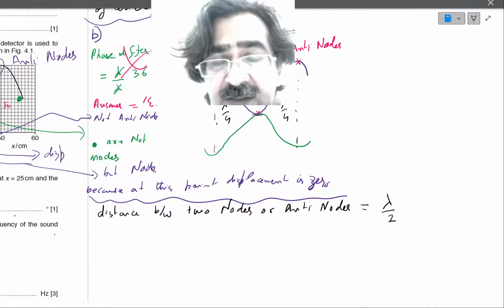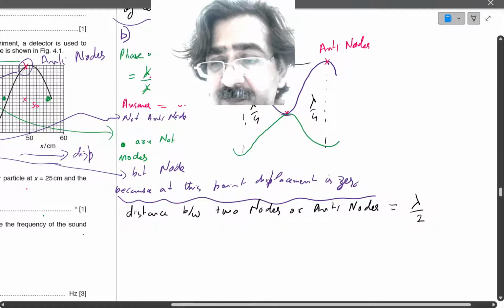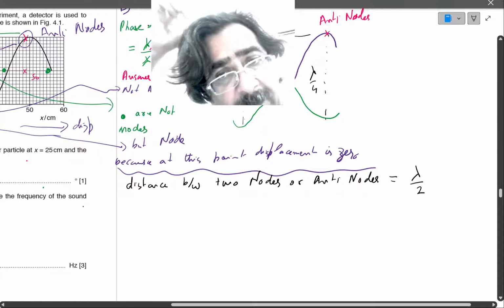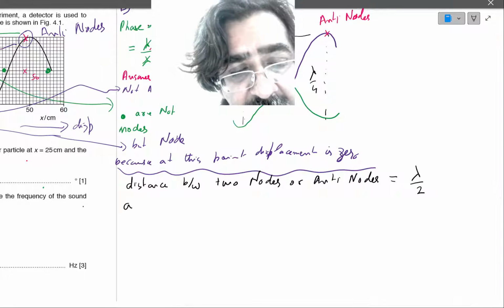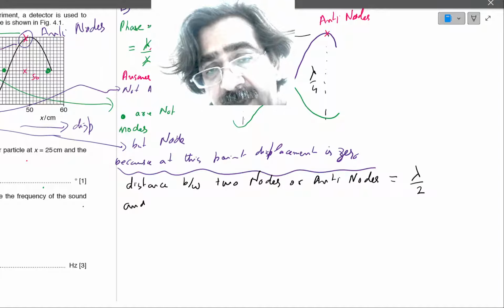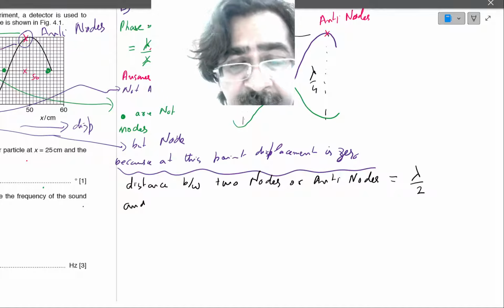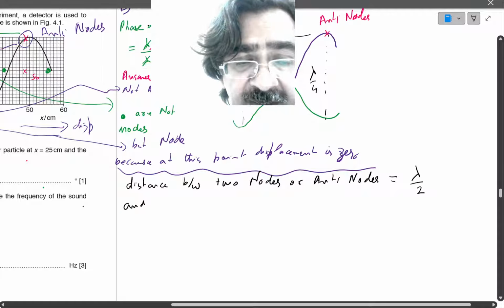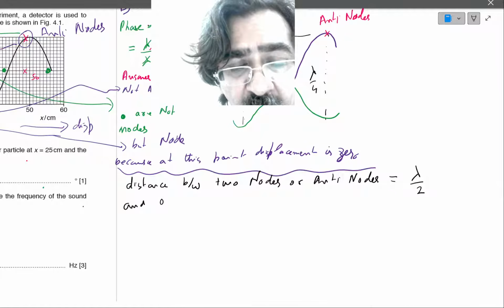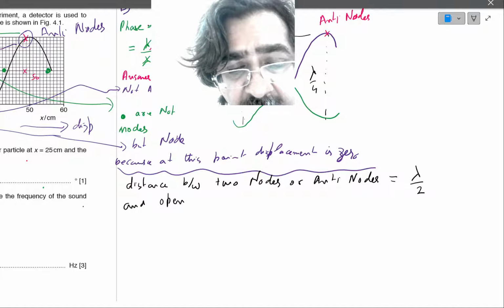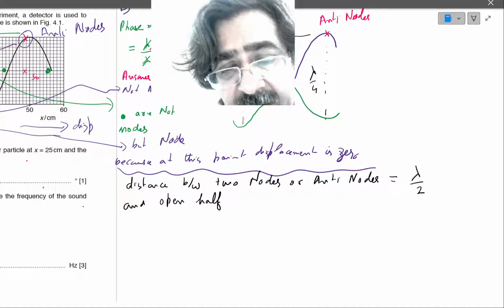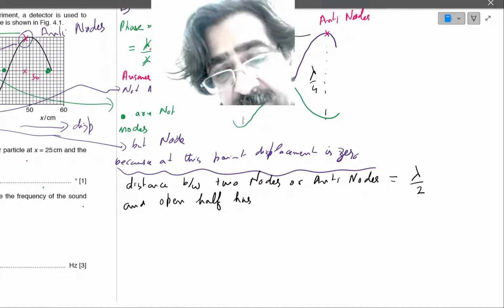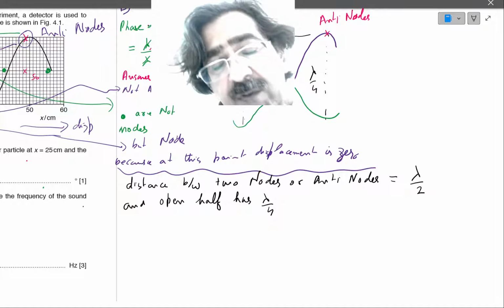We have studied that in the theory. Okay, and the open half has lambda by 4.